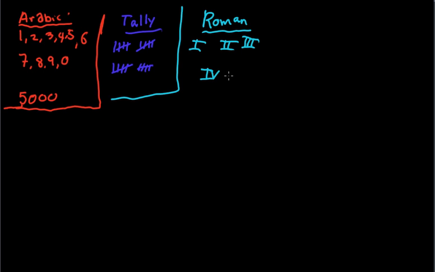V is 5, I is 1, so this means 5 minus 1, which is 4. Then you go to V, and then you start with VI, that would be 6, and this would be 7. Eventually they get X for 10, and they just keep using different letters as they get to higher numbers.